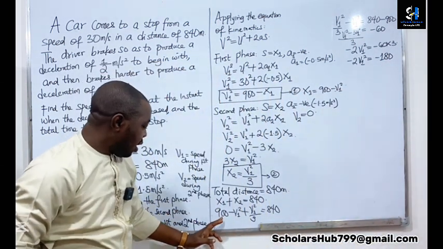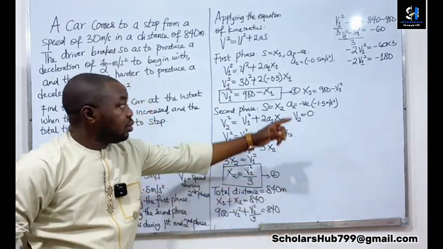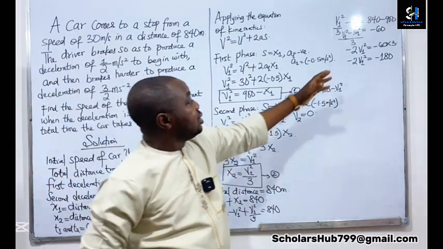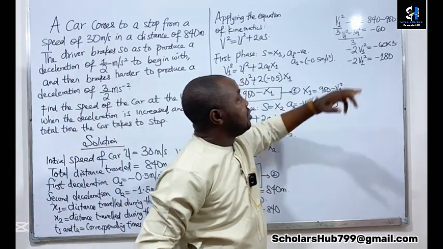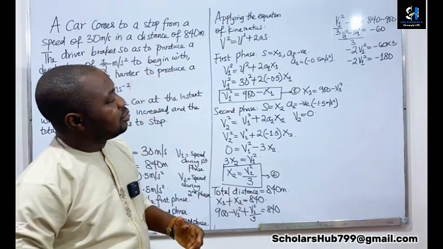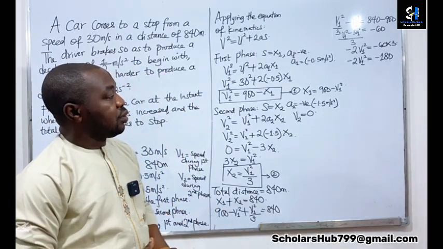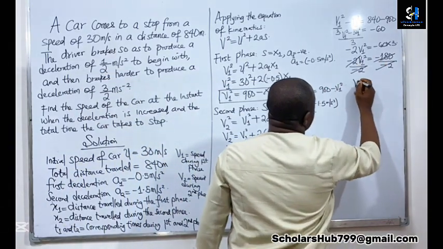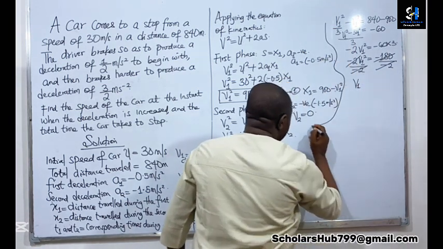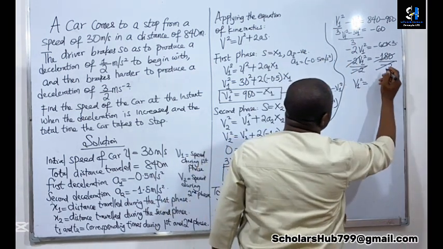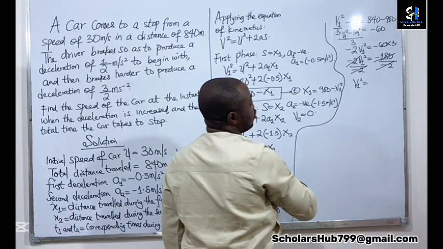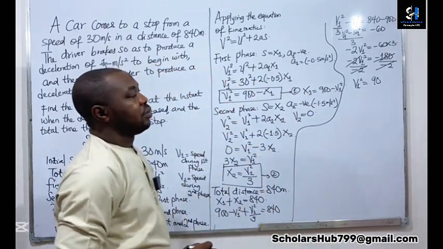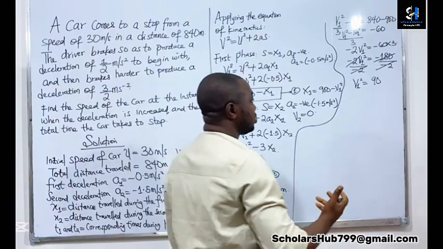If I divide both sides by minus 2, v1 squared will be equal to positive 90, because 2 times 90 is 180.